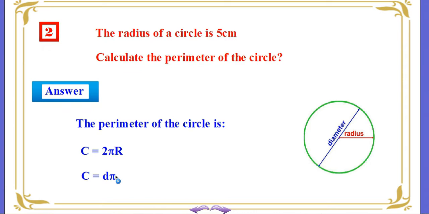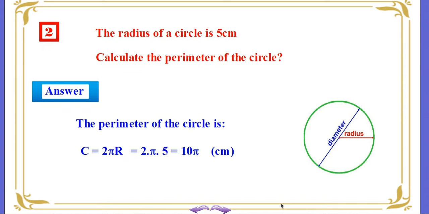Because the exercise gives us the radius, we use the first formula. So we have 2 multiplied by pi multiplied by 5, and we have the result 10pi centimeters. This is the perimeter.